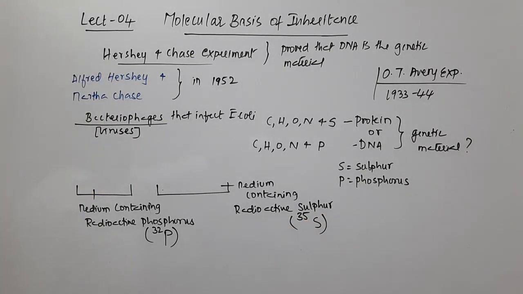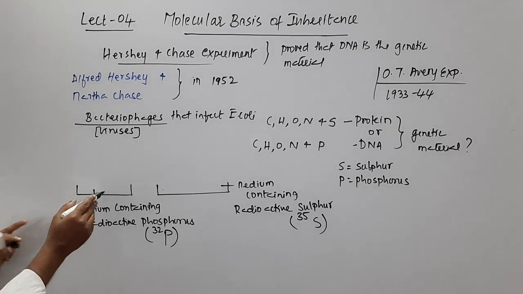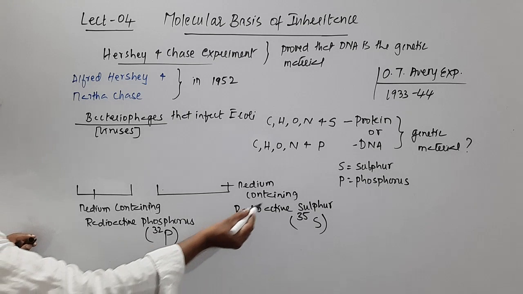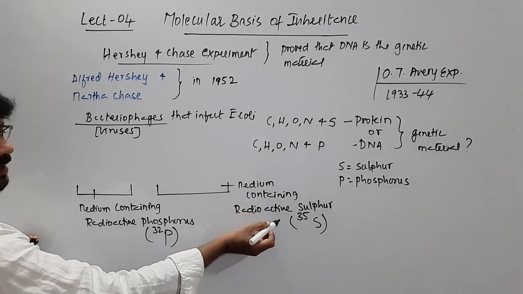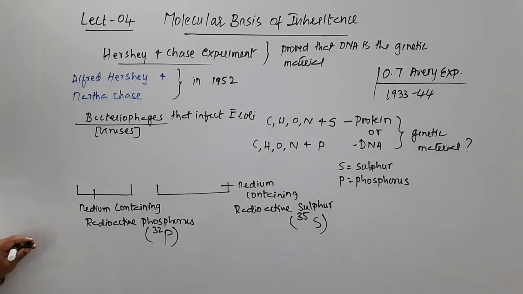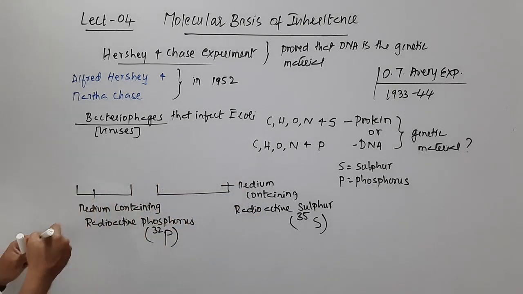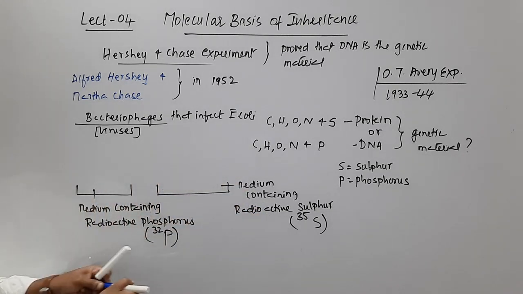So here is the medium containing radioactive phosphorus, that is P32, and radioactive sulfur, that is S35. Now what they have done is they have grown bacteriophages in this medium.